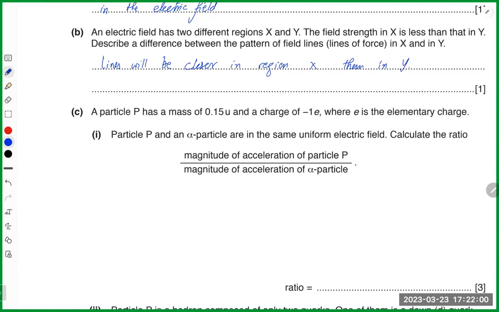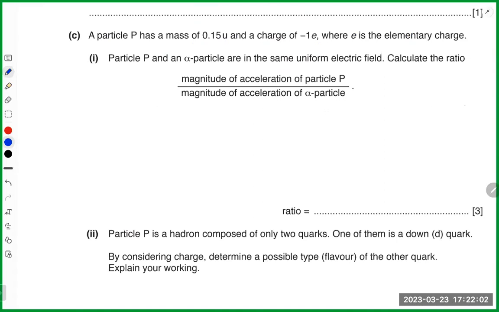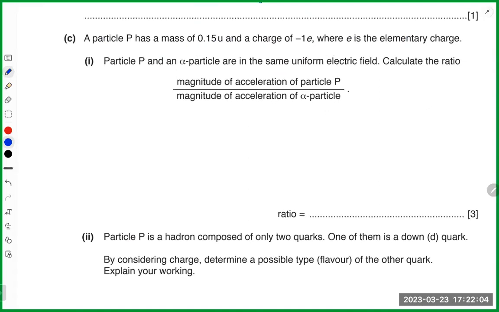Now, a particle P has a mass of 0.15 U and a charge of -1 elementary charge, where e is the elementary charge. The particle P and an alpha particle are in the same uniform electric field. Calculate the ratio of the magnitude of acceleration of P divided by the magnitude of acceleration of alpha.